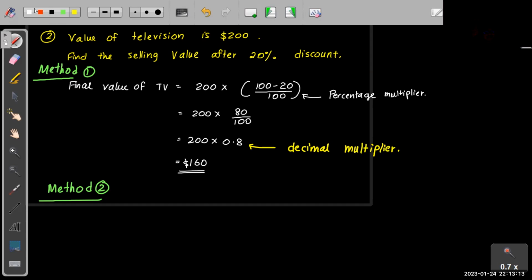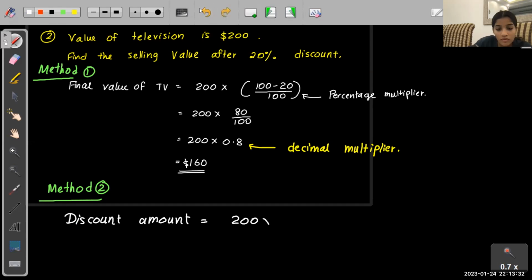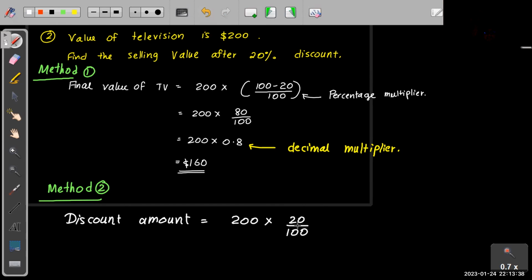Method 2, same way we can find the discount amount. Rather than finding the final value, you are finding the discount amount. For that, you multiply 200 by 20 over 100 because you are getting 20% discount, which will give you $40 discount.